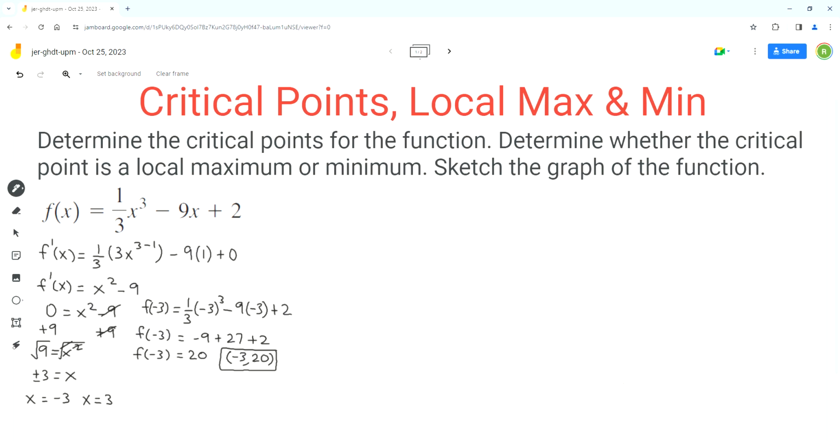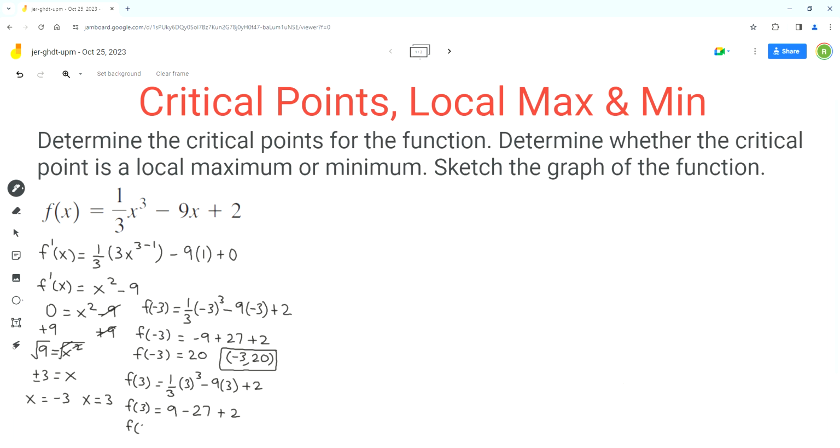Now for the second critical point, we should substitute x as 3 in the given function. So f(3) equals 1/3 times 3 cubed minus 9 times 3 plus 2. So we get f(3). 3 cubed is 27 and 1/3 times 27 is 9, minus 9 times 3 which is 27, and then plus 2.